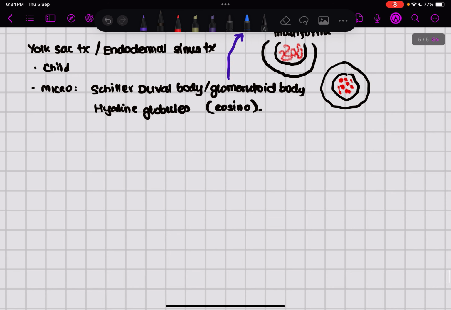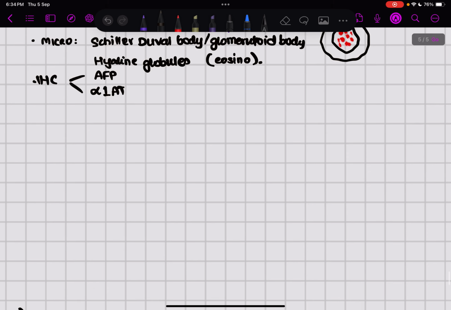With this microscopy, we move on to immunohistochemical markers, which are the 2 A's: alpha fetoprotein and alpha 1 antitrypsin. Now with this we move on to embryonal cell carcinoma.